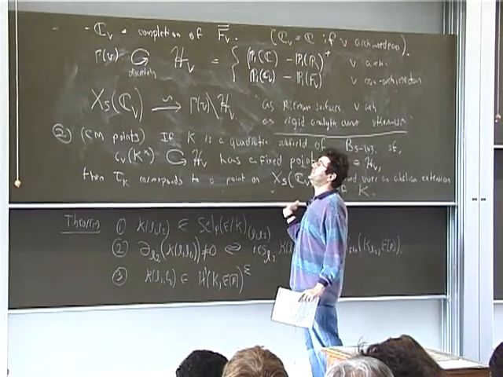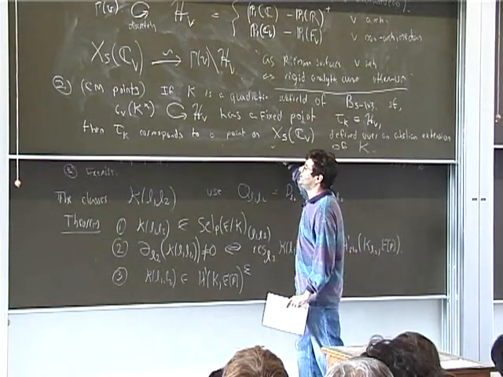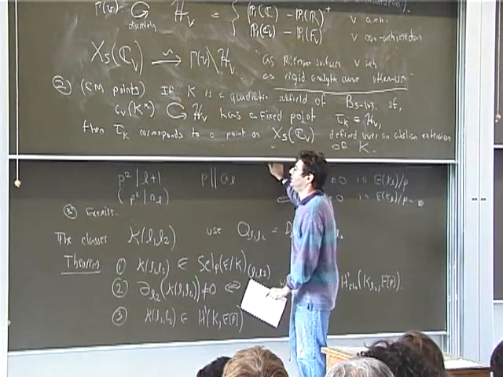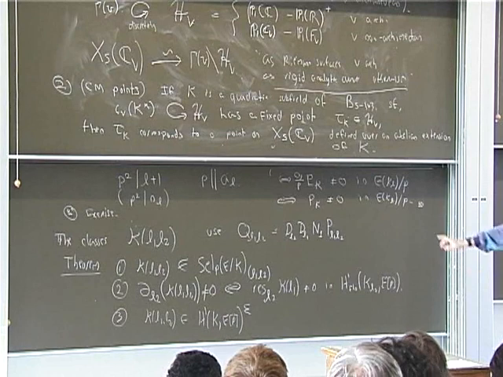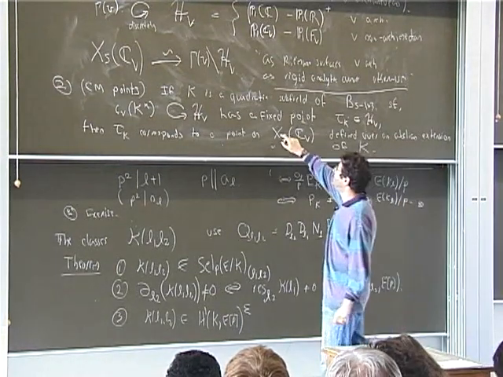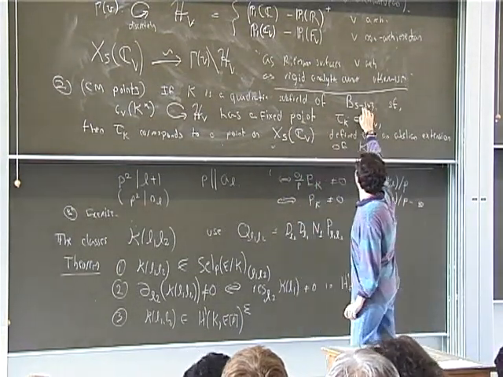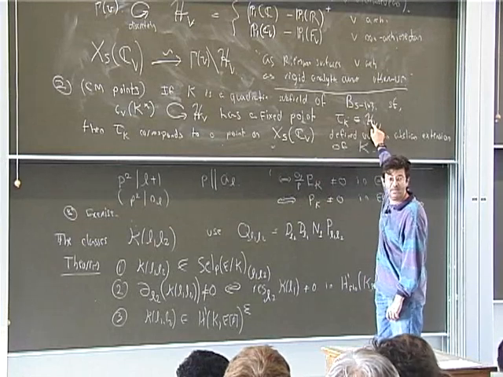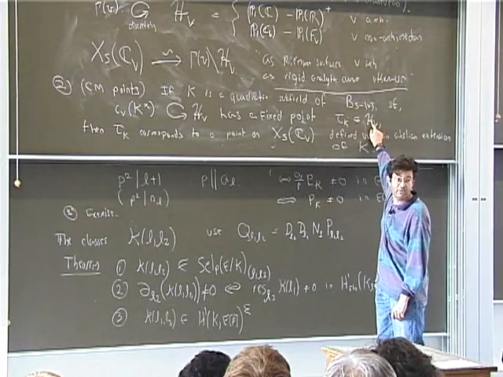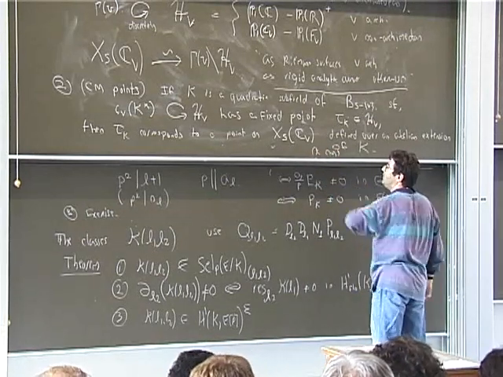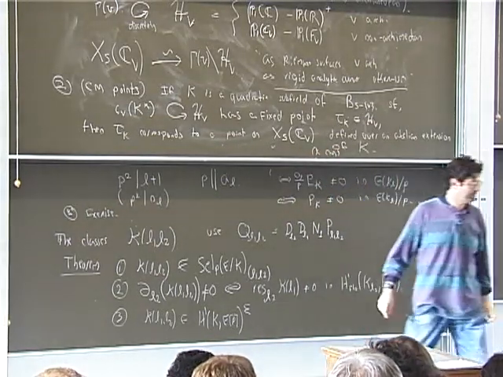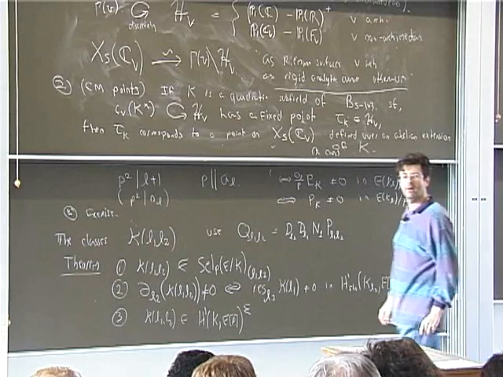You could identify specifically these CM points as fixed points of certain maximal quadratic subfields. So actually, it's an easy exercise to see that such a quadratic subfield having a fixed point on H_V is necessarily a CM extension of F. So note that K is always CM, and that's why these are called CM points. Okay?